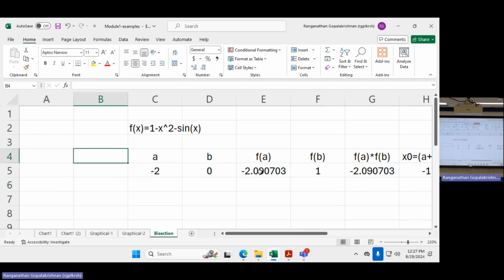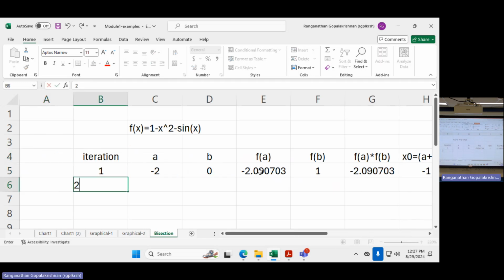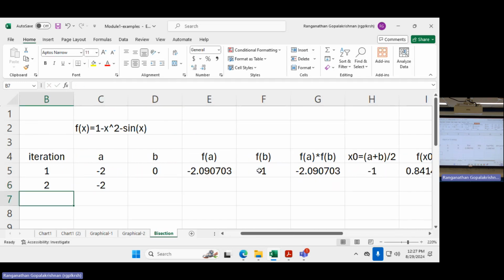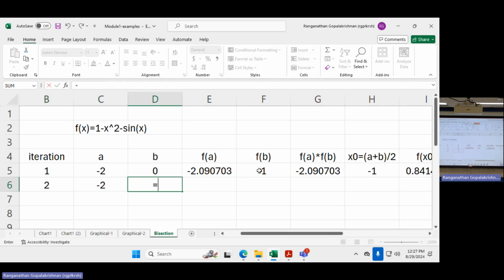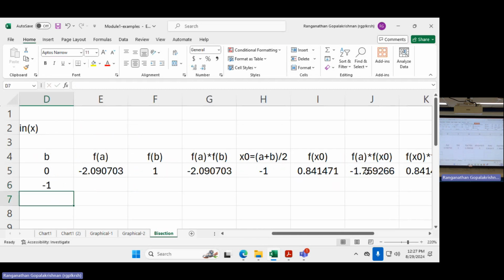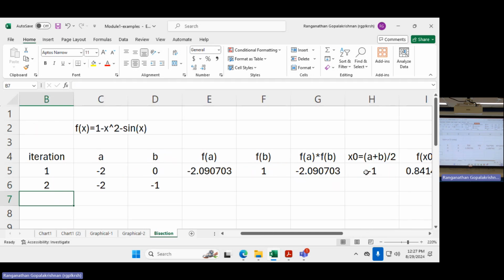Okay, so I will call this iteration number 1. Second iteration, all I'm going to do is, at the end of the first iteration I computed A, and I computed B. I'm just going to bring them down, literally what I did on the whiteboard where I wrote this from the last line there.